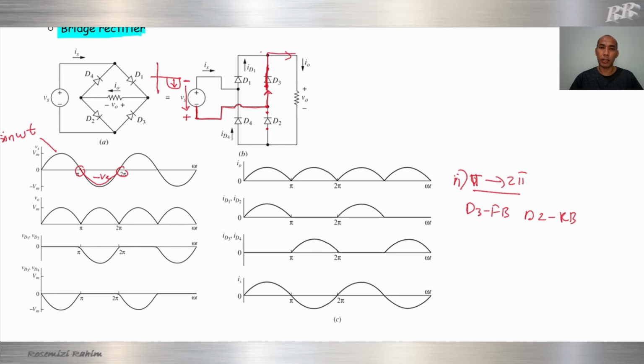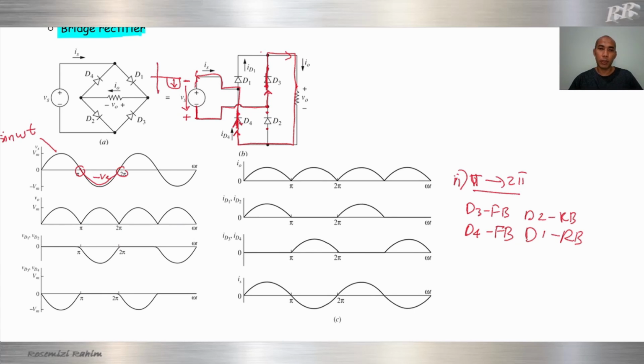All the current will pass through the output resistor and then go to here. You can see that D4 is forward bias, same arrow, short circuit, and then goes back to the source, completing one cycle. D4 forward bias, D1 reverse bias.